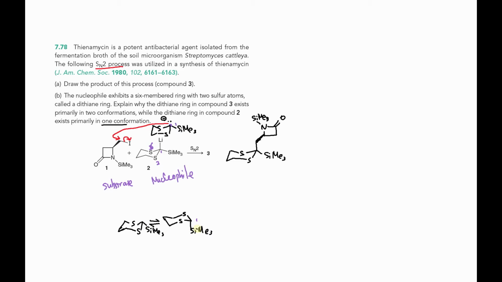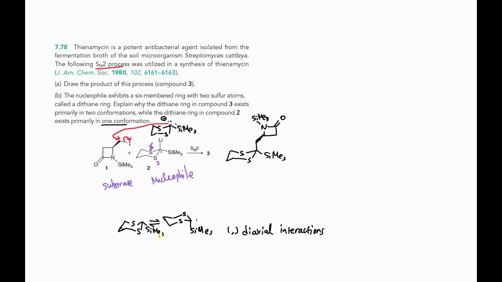You've got to remember that when we have a bulky substituent in the axial position, it's going to create a 1,3-diaxial interaction that hinders the energetically favored form.